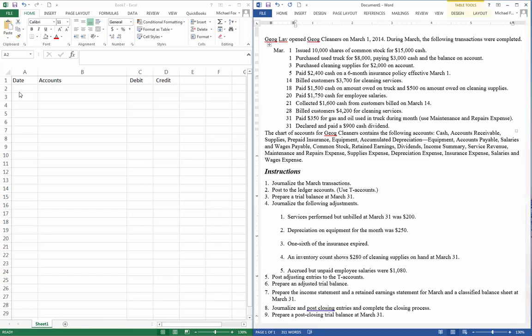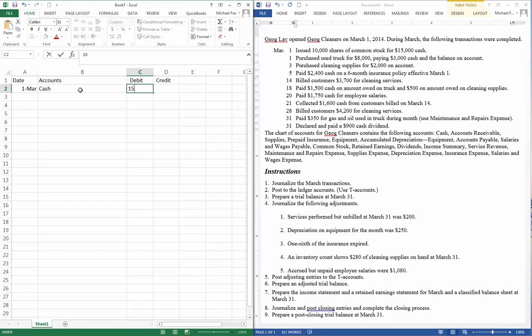So we'll do that. On March 1st, we issued 10,000 shares of common stock for 15,000 in cash. I'm not going to do a lot of explaining, I'm just going to go through it.